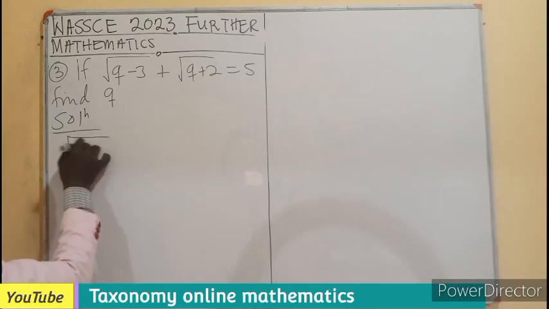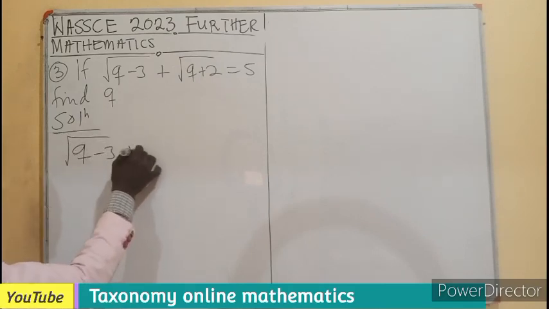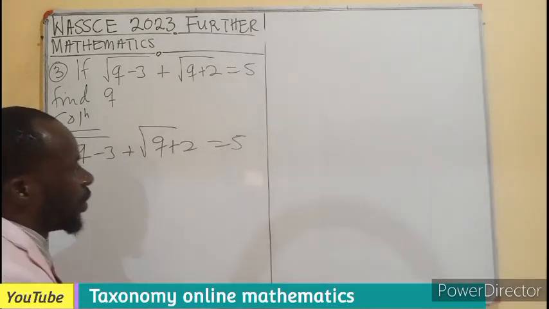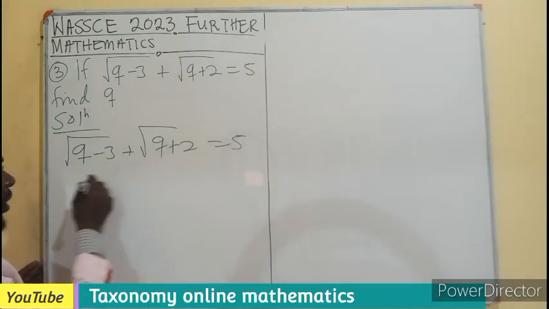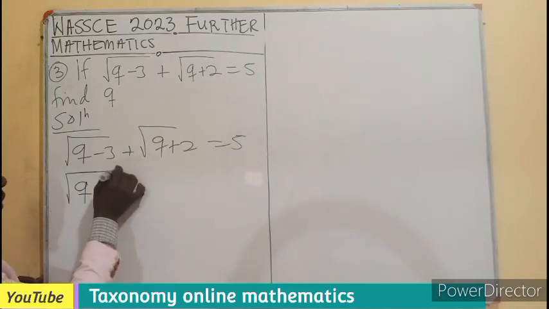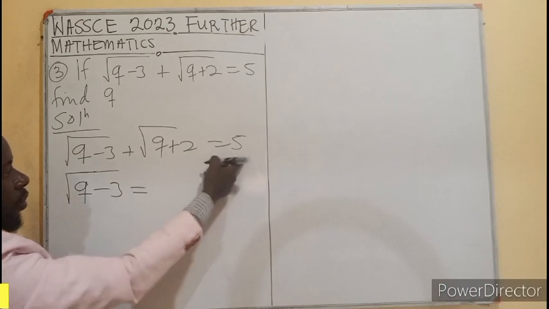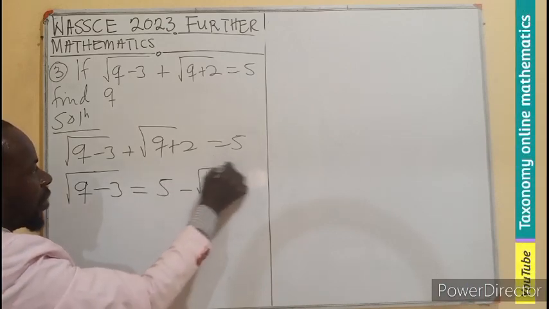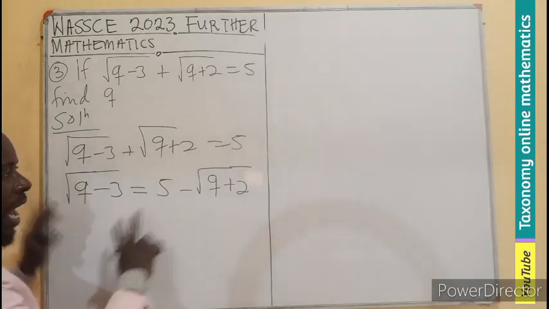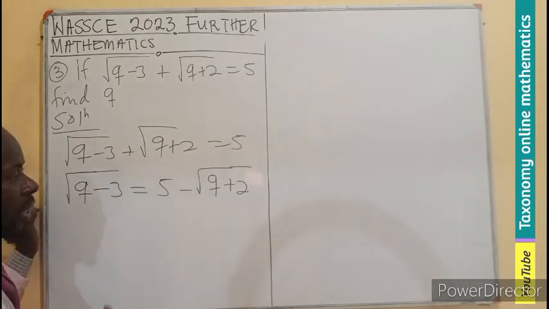So the root of q minus 3 plus the root of q plus 2 equals 5. We are sending this to the other side, meaning you'll have the root of q minus 3 equals 5 minus the root of q plus 2. So now the roots are on the two sides of the equal sign.